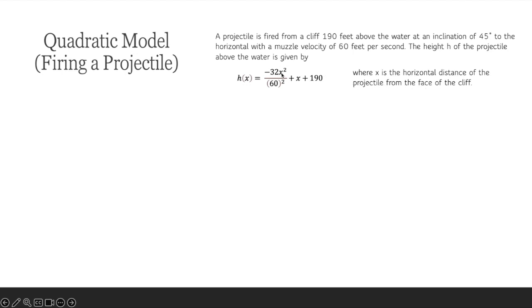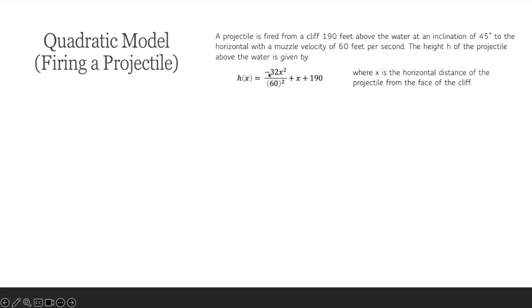As the horizontal distance changes, the height of the projectile above the water also changes. So the height changes as a function of the horizontal distance from the cliff.